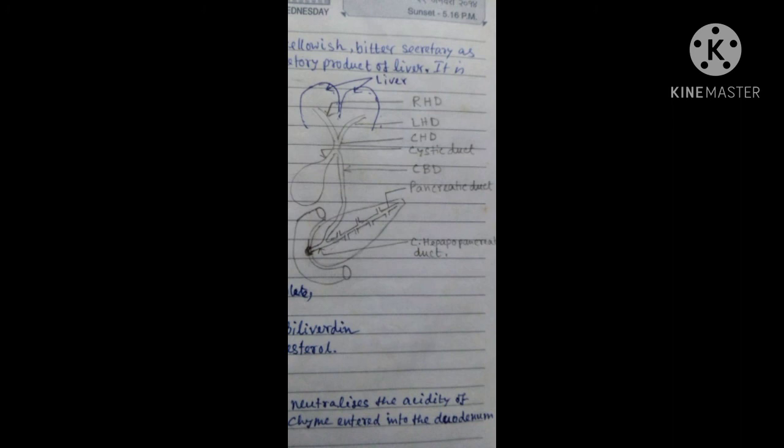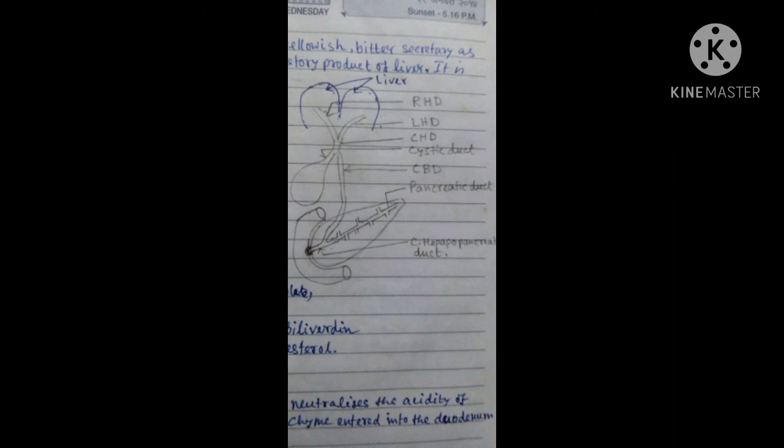Now, functions of pancreas. Exocrine part secretes pancreatic juice, which digests carbohydrate, protein and lipid food materials. Enzymes, trypsin, chymotrypsin, they help in complete digestion of protein.